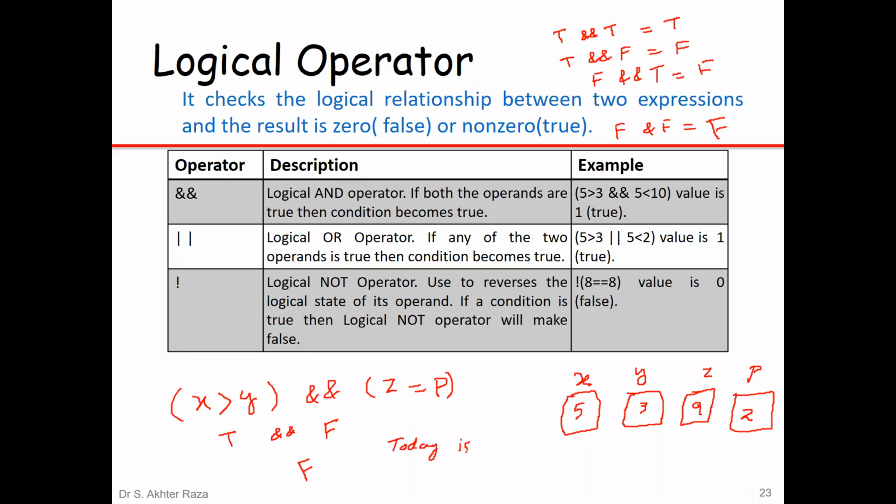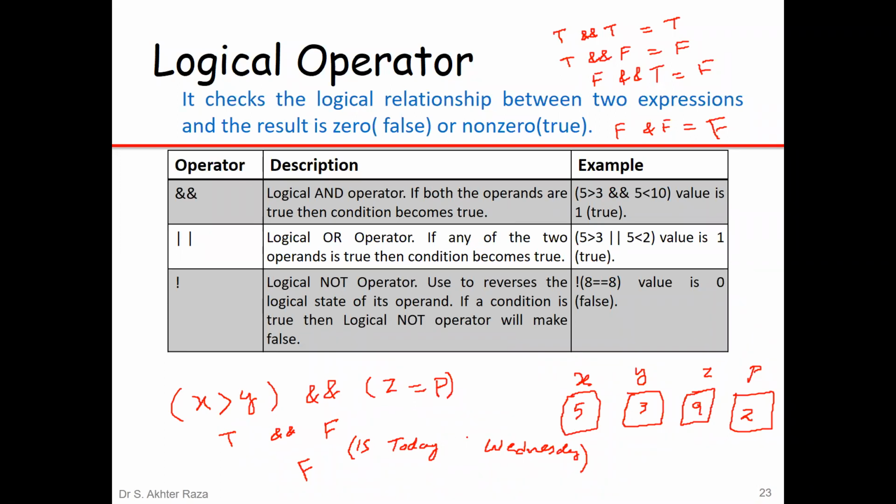In a very simple condition, if I am saying that today is Wednesday, this is one complete condition. I am writing a question mark: is today Wednesday? This is a conditional statement.